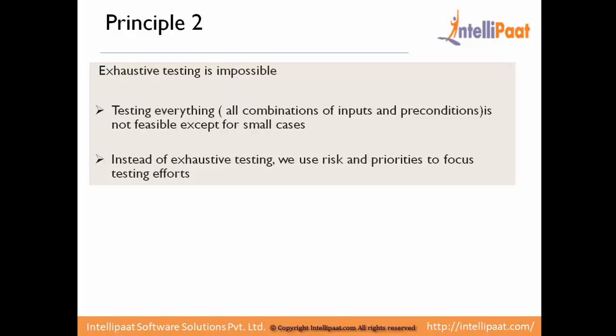Instead of exhaustive testing, we use risk and priorities to focus testing efforts. Like I mentioned earlier, even if you don't want to test the 100 rows of test data being entered, you could identify the riskiest item in the application.